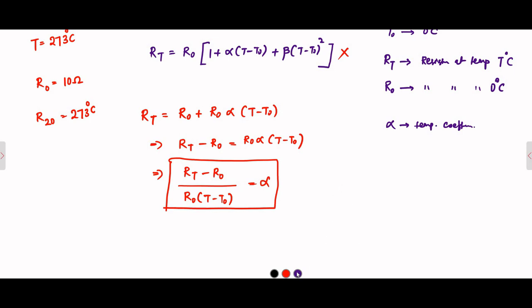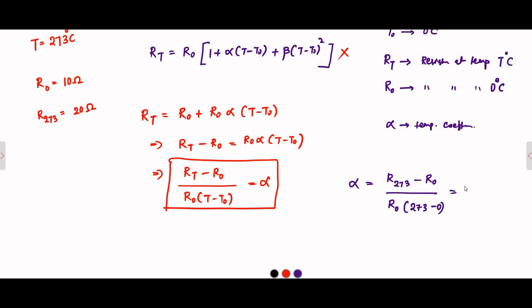So we'll simply substitute the values. Alpha will be equal to R273 minus R0, because T is equal to 273 degrees Celsius, by R0 into 273 minus 0 degrees Celsius.